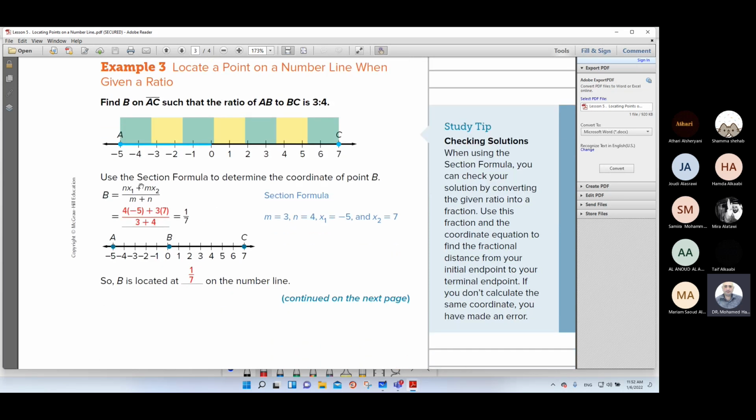So what we do here, use the section formula to determine the coordinate of the point B. Write the formula: B equals N times x1 plus M times x2 over M plus N. The first one is M, the second one is N. So N means 4, times x1, the value of A, which is -5, plus M, which is 3, times the value of x2, 7, over M plus N. M will be 3 and N will be 4.